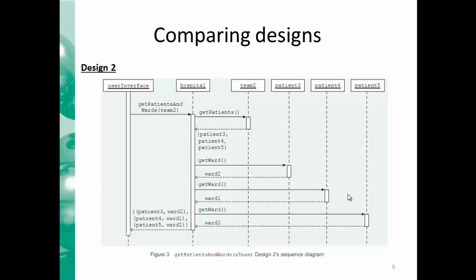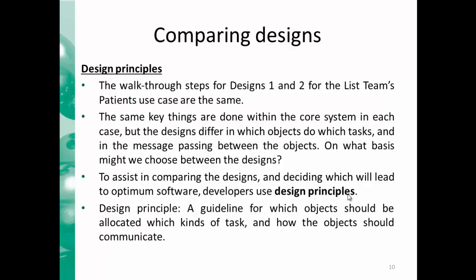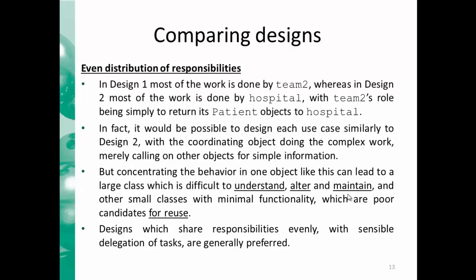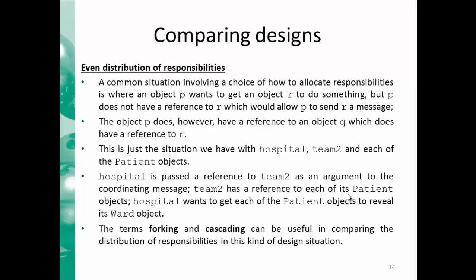And if we repeat that all the time and make the coordinating object do most of the work, then there will be a very heavy load on the coordinating object. So it's better that we distribute the responsibilities between the objects, including the coordinating object.